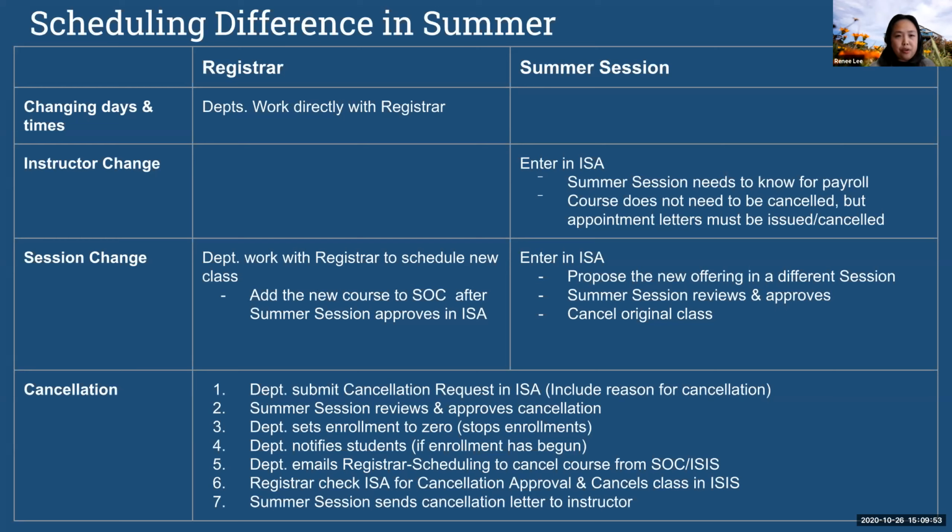So it's not so clear cut which area to work with, registrar or summer session. You're going to work with both. You'll want to enter it into the ISA, then propose a new class, and at the same time cancel the original one, and then work with the registrar to build that new class in the schedule of classes. So changing that session is really considered canceling the first one and adding a new one.